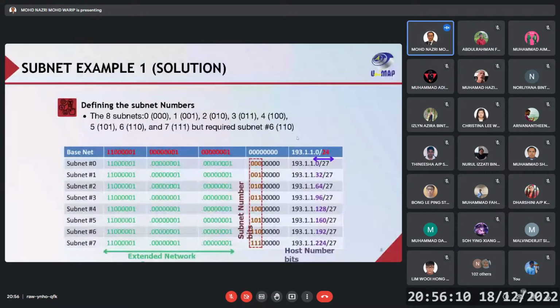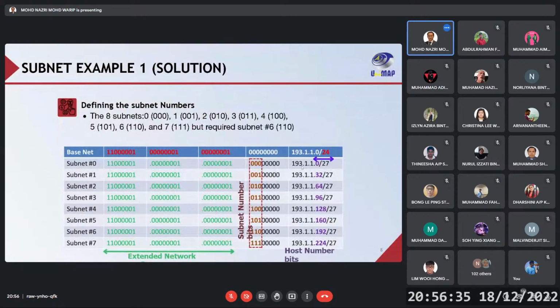Correct. Normally in a practical situation, we don't take all 0s. All 0s we do not take because we reserve it for what we call the default network. There is no PC at .0, so this is the default number.